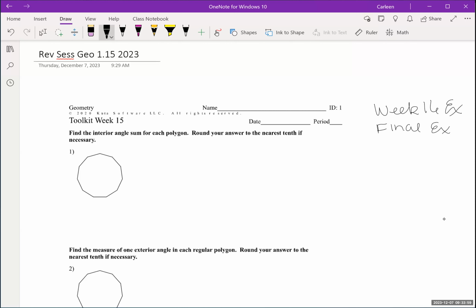Now, if you need to take the week 16 and the final exam at home, there is no max grade. Whatever you get on the exam, that's what goes into the course.